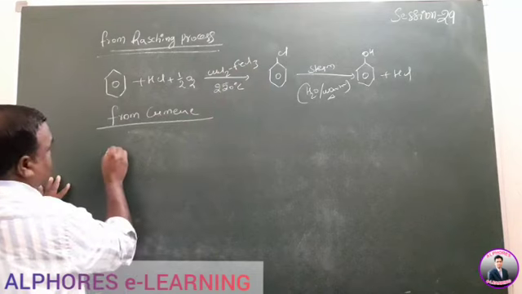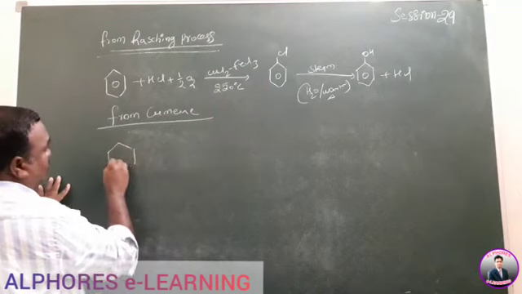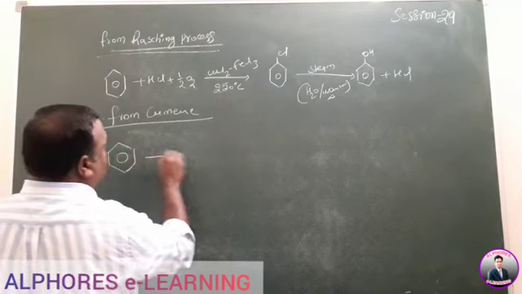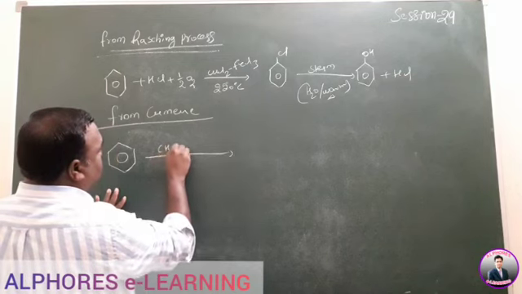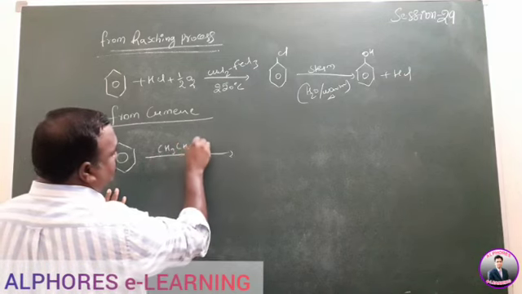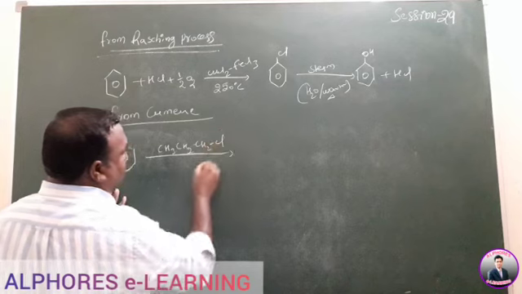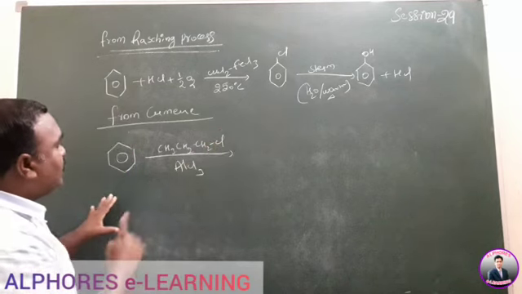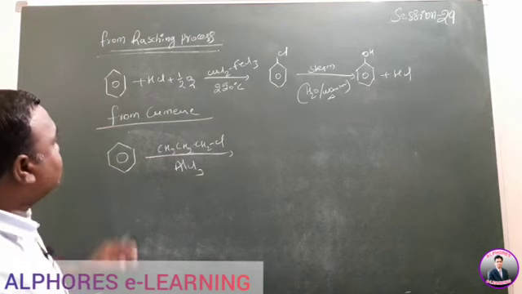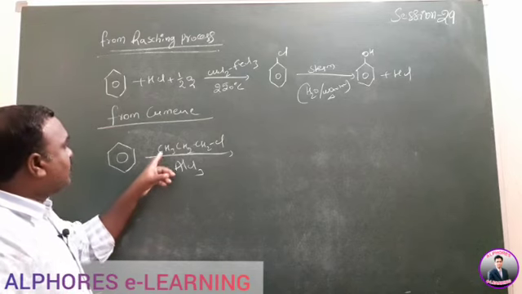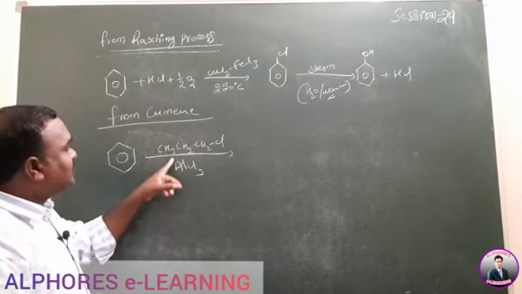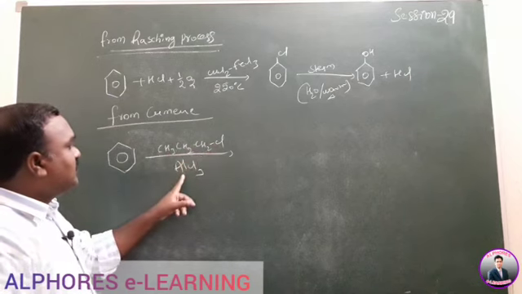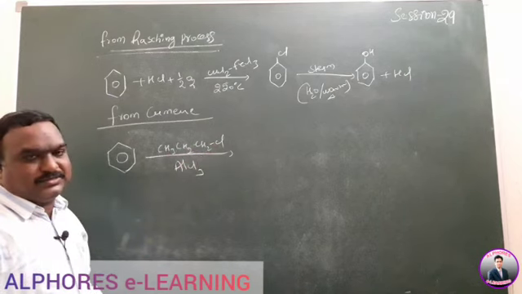Here benzene is given. The compound reacts with CH3CH2CH2Cl in the presence of AlCl3. What type of reaction? An electrophilic substitution reaction. Why? Because the given mixture has alkyl halide nature in the presence of AlCl3.